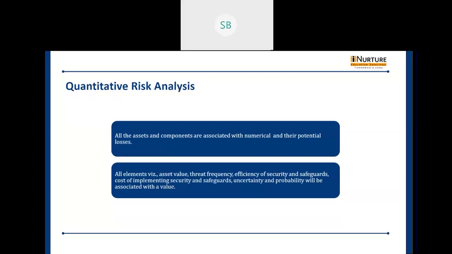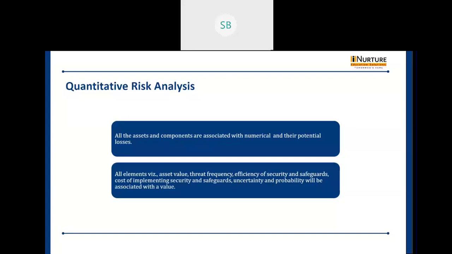Okay, next one is quantitative risk analysis. Here, obviously, since it is quantitative, you can find that a number is associated with it. All the assets or components are associated with numerical values and their potential losses. So all these values of your assets will be calculated in terms of numbers, and the potential losses you can have. Suppose you have certain assets and there are losses that may be possible in those assets; they are given some numerical value.